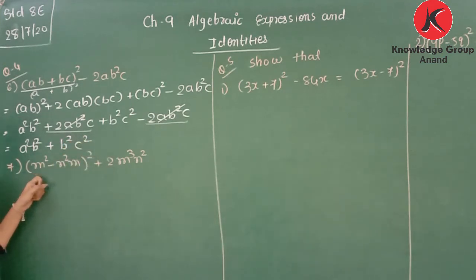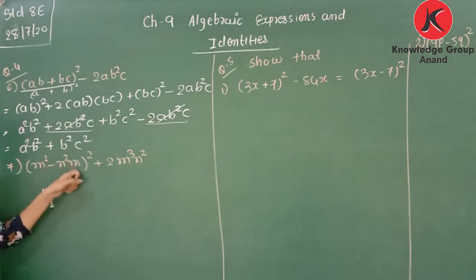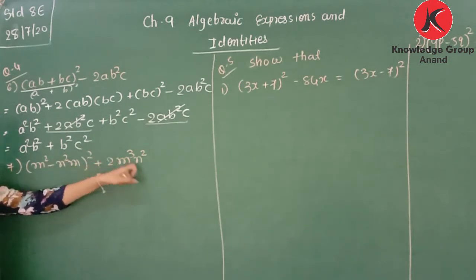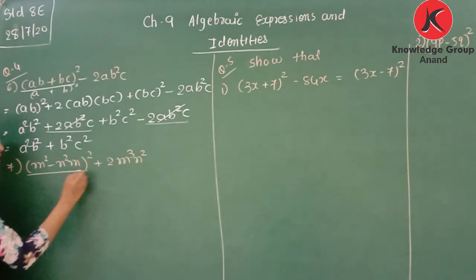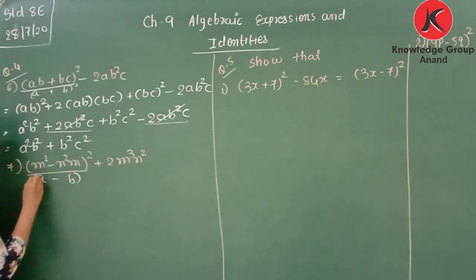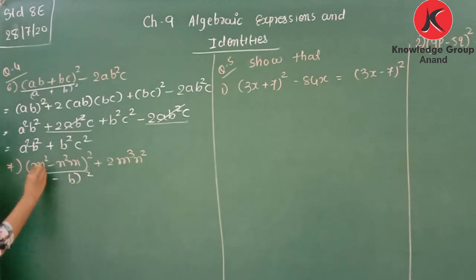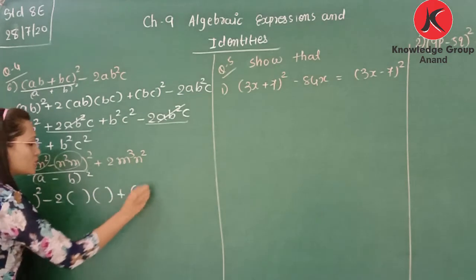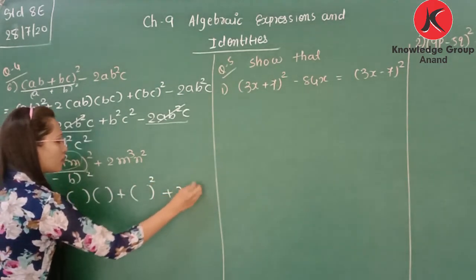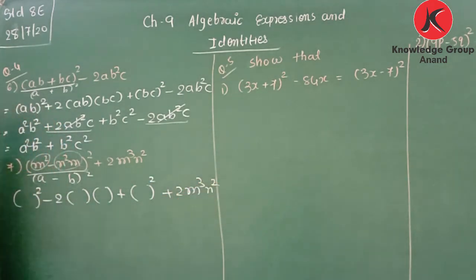Now for the next, (m square minus n square m) whole square plus 2m cube n square. Here you can see this is (A minus B) whole square. A is our m square, B is our n square m. So here we will apply A square minus 2AB plus B square, plus 2m cube n square.